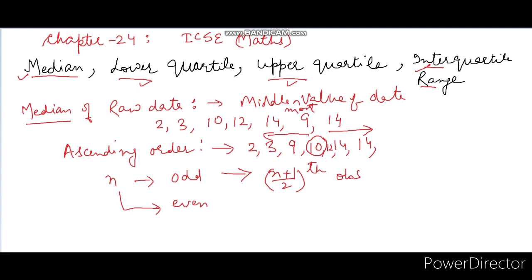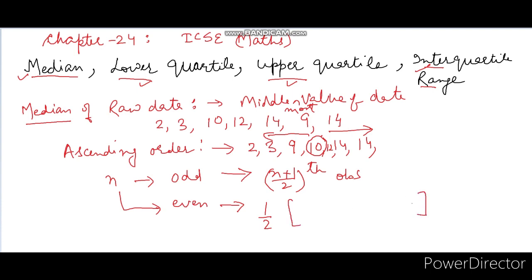Now we go to the even number of observations. If we have an even number of observations, then the middlemost will not be a single value like this. Middlemost will be 2 values. In that case we simply take the mean, the average of those 2 middlemost values.